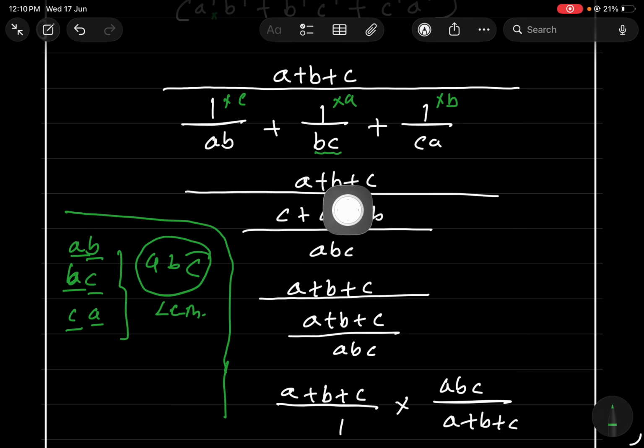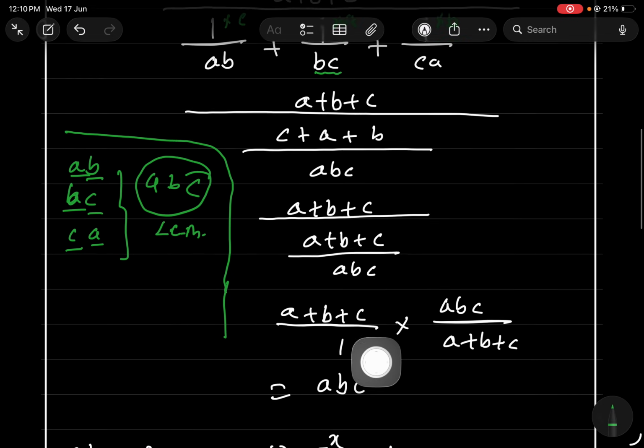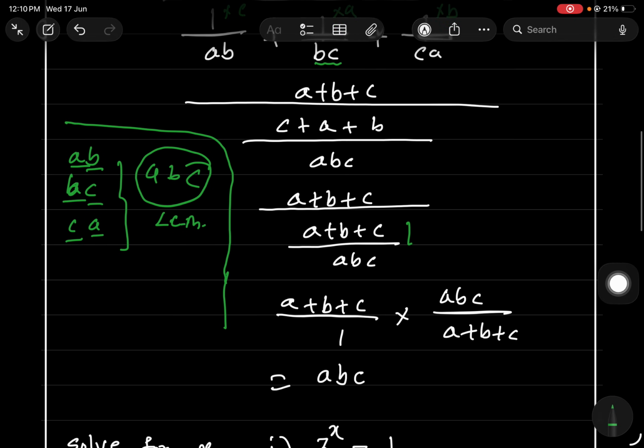So now here abc as it is. Upon, here what will come? Here c + a + b, we'll change the order. First we'll write a + b + c upon abc. Now here this is the fraction, and here a + b + c, the denominator is not there, that means it has denominator 1.